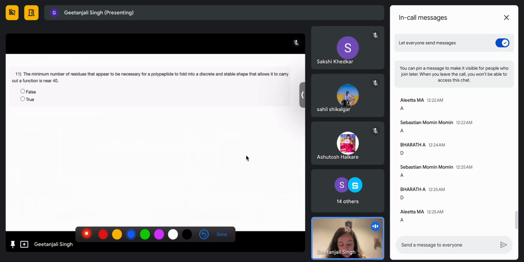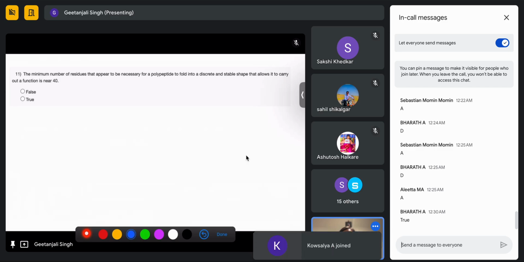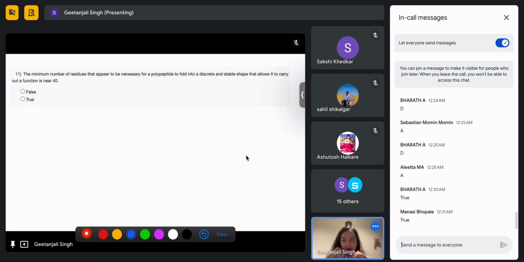The minimum number of residues that appear to be necessary for a polypeptide to fold into a discrete and stable shape that allows it to carry out a function is near 40. Very good, guys. Yes, very good.